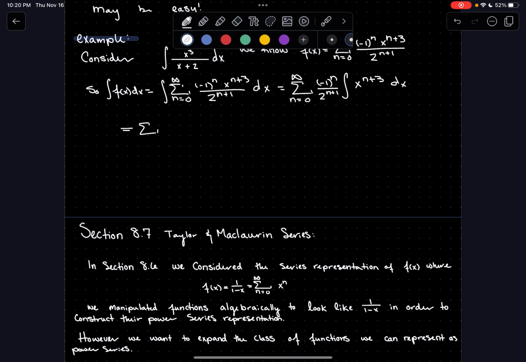So I'm going to rewrite the sum again. Lots of writing. Negative 1 to the n over 2 to the n plus 1 times the integral of x to the n plus 3 dx, right? That integral is just going to be x to the n plus 4 over n plus 4, right?